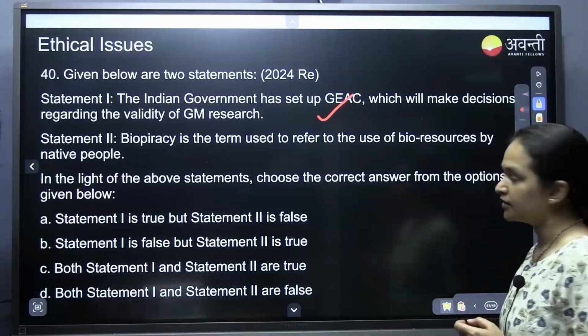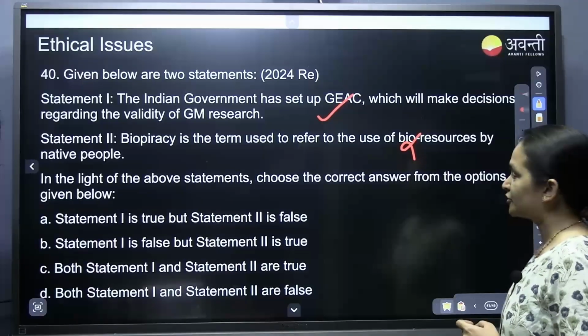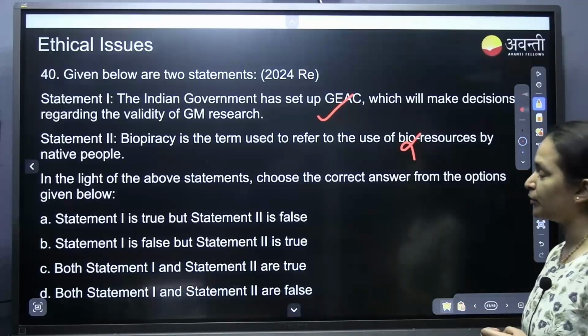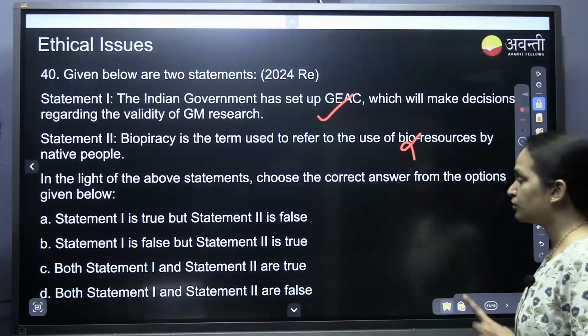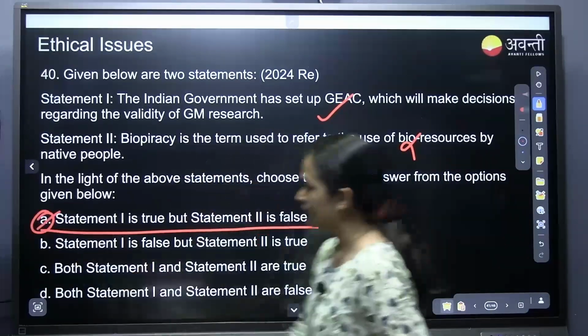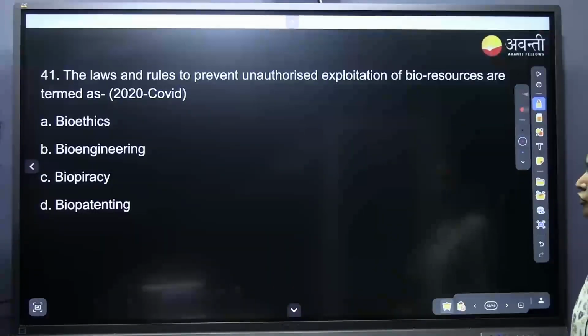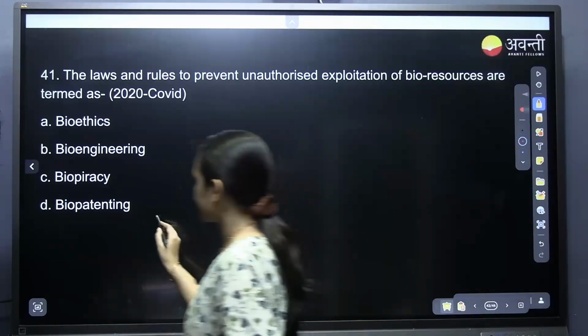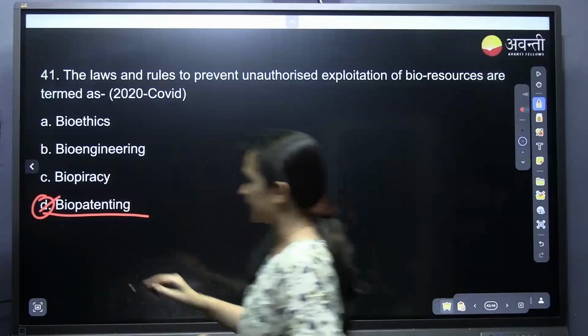No, so this is wrong. It is by non-native people that is called biopiracy. So 1 is true, 2 is false. A is the correct answer. The laws and rules to prevent unauthorized exploitation of bioresources are termed as biopatenting. D for Delhi is the correct answer.